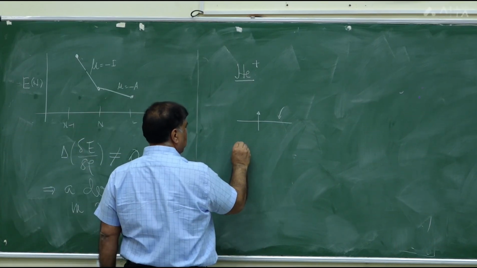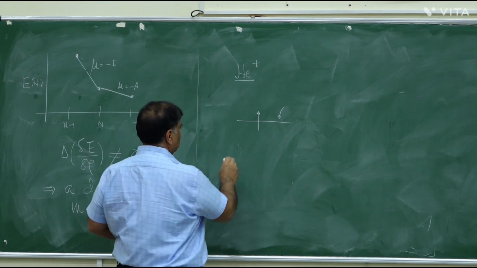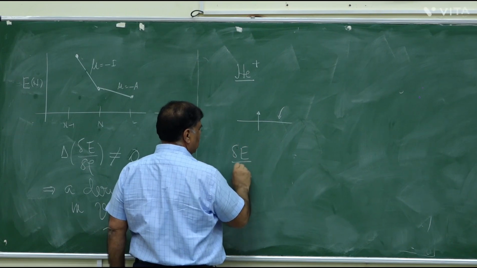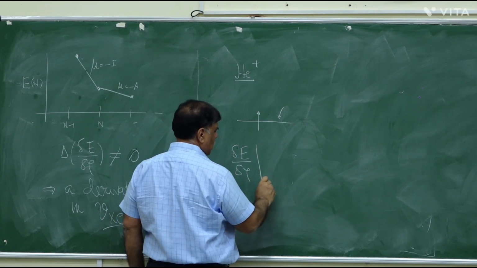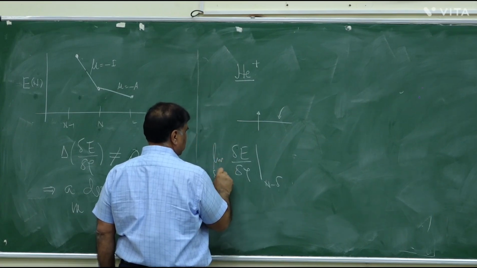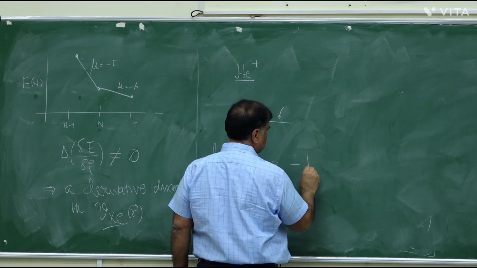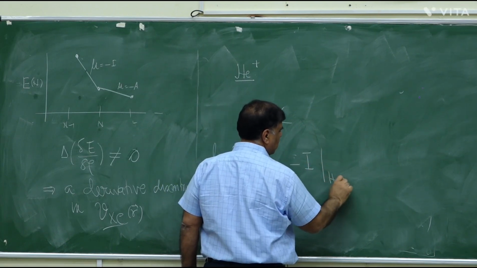As soon as you have delta E, delta rho at n minus delta, limit delta going to 0, it is equal to minus I of helium plus.